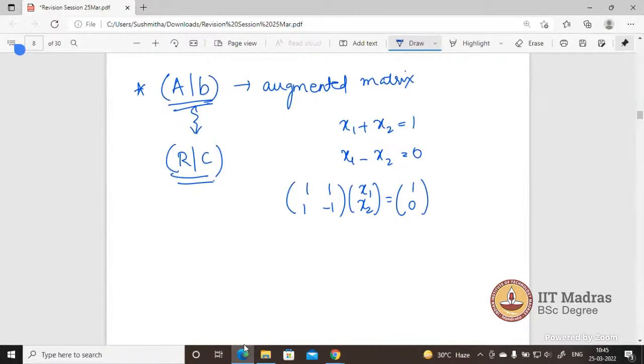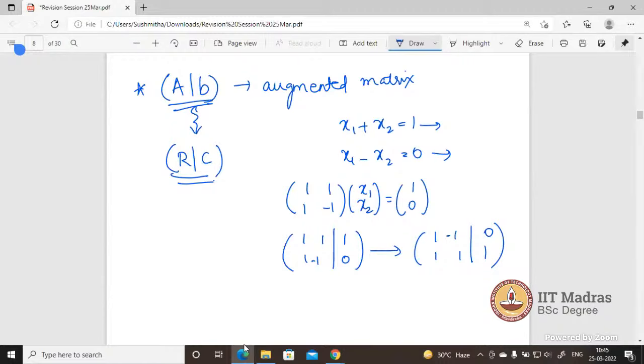Now suppose I take the augmented matrix, 1, 1, 1 and 1, minus 1, 0, and interchange two rows. What I'm actually doing is just writing this equation first and this equation next, right? Yes.